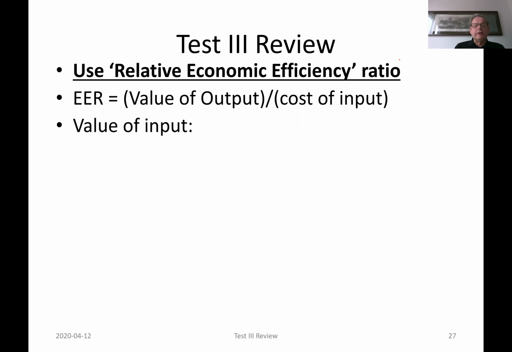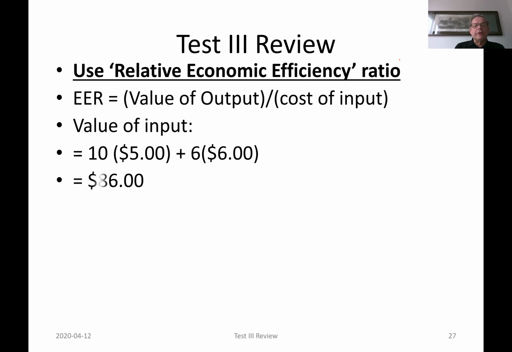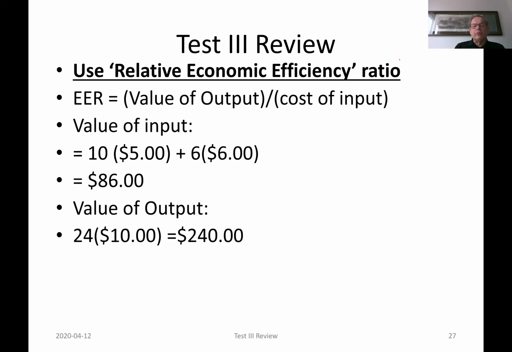So the value of the input is the amount of capital and the amount of labor that will be used in the first method of production, and it will be $86. The value of the output is the 24 watches times the $10 that they will receive for each watch, for a value of $240.